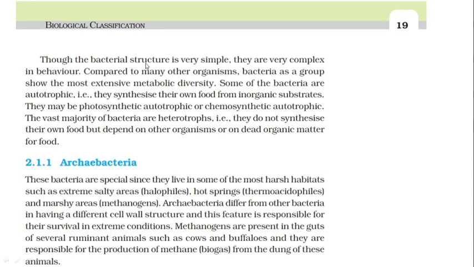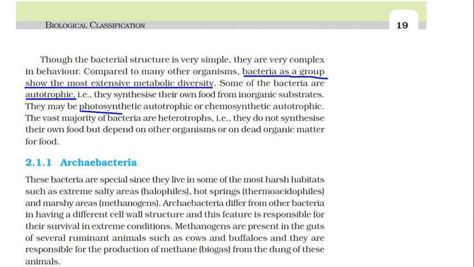So though bacterial structure is very simple, they are very complex in behavior. They are a group which shows extensive metabolic diversity. So some bacteria are autotrophic, that means they have the ability to synthesize food on their own.